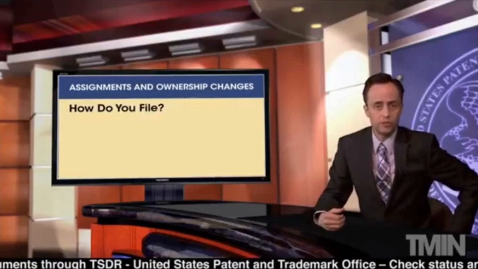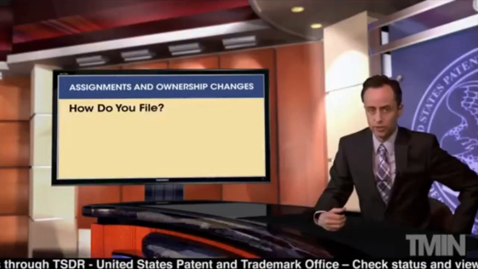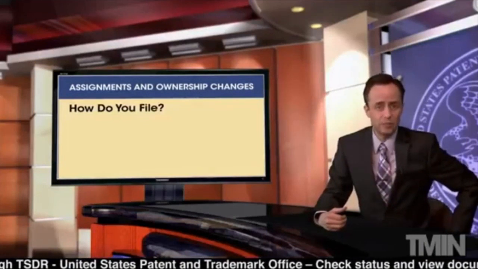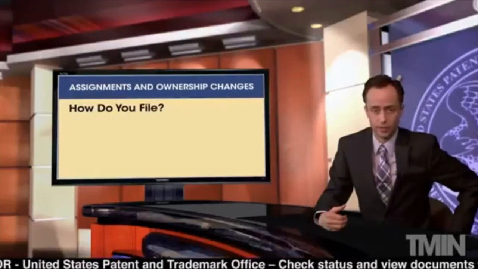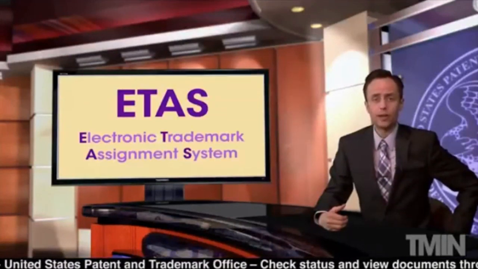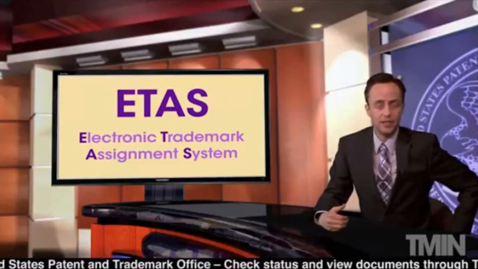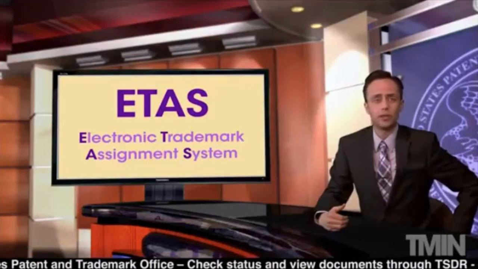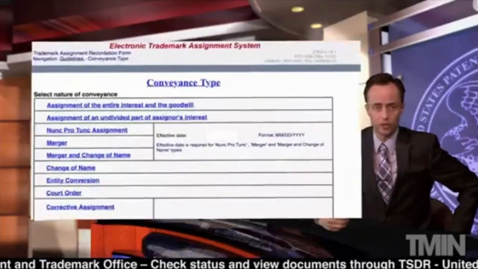Now that you know what types of changes require notification, how do you submit the information? Like most filings at the USPTO, the quickest and easiest method is to file electronically through uspto.gov. Specifically, use the Electronic Trademark Assignment System, or ETAS. ETAS allows you to do everything online that relates to recording ownership changes in your trademark application or registration.